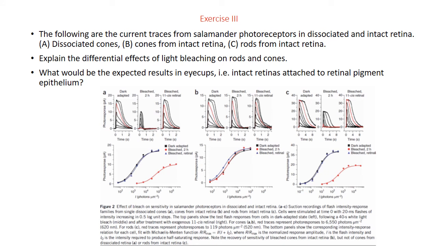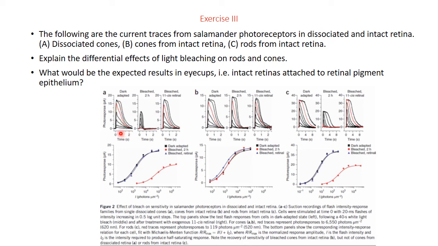So here's another exercise. The following are current traces from salamander photoreceptors in dissociated and intact retina. Here in A is dissociated cones, so the photoresponse of dissociated cones. Cones recorded from intact retina, and rods from intact retinas. And here are the different photocurrents elicited by flashes of light of increasing intensities.